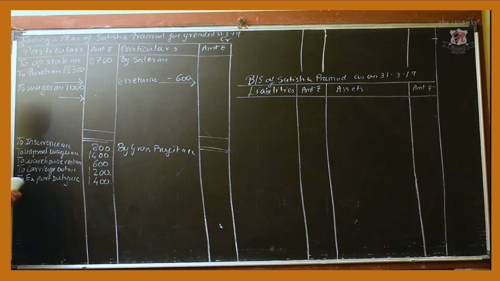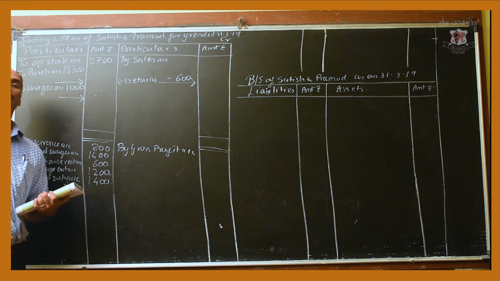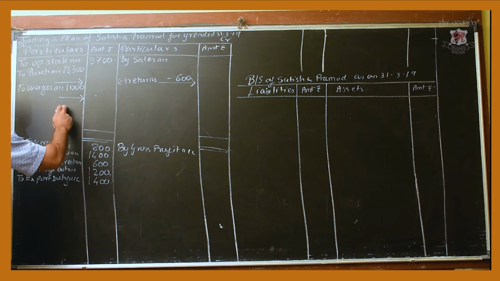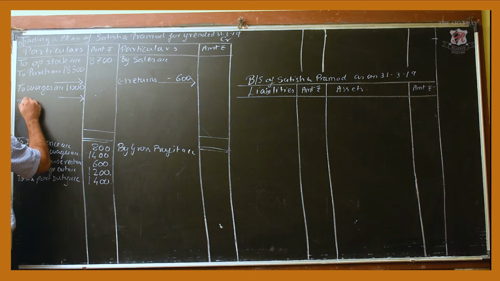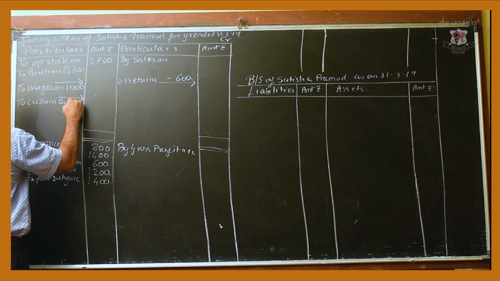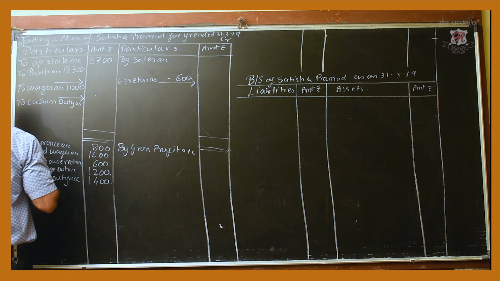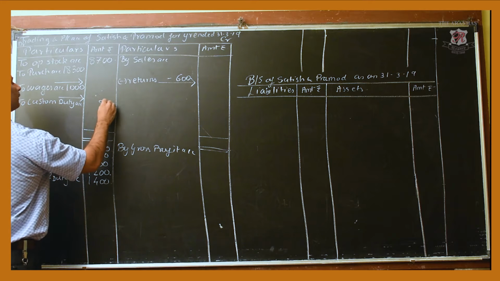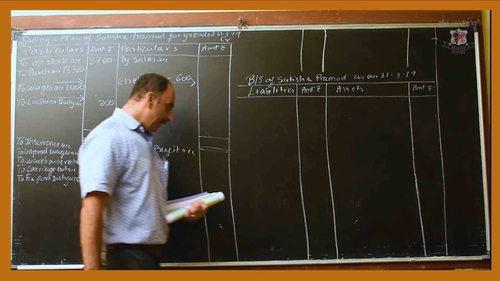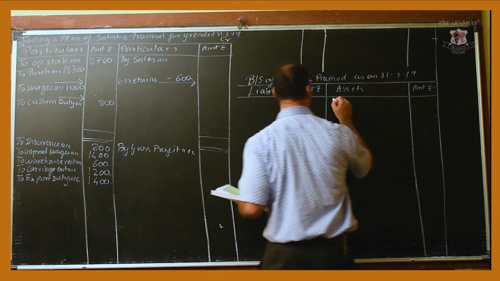Now the very next item, custom duty. Custom duty is understood, it is for imports. If it is for imports, then it will be a part of manufacturing cost. So here we will put custom duty. Custom duty is 800. Outer column.